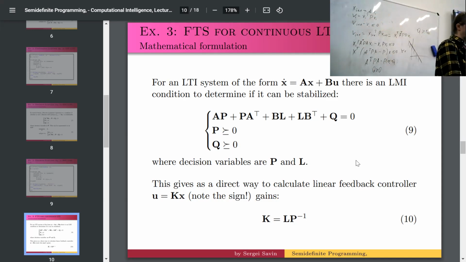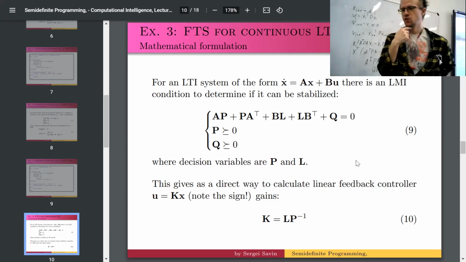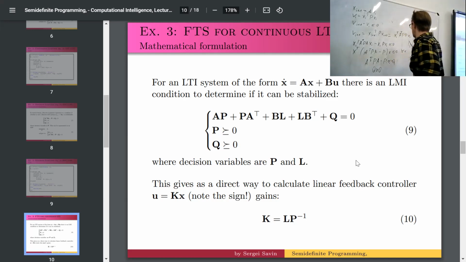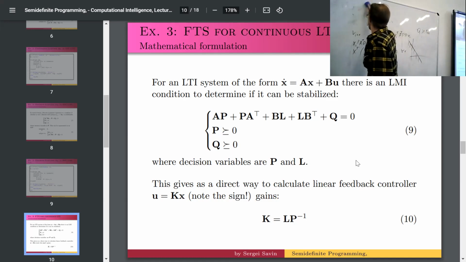Now, writing Lyapunov equations for LTI systems, if you write them out, for the system with control, you can get a very interesting equation where you use a very interesting substitution.